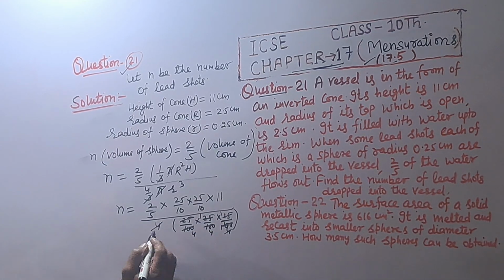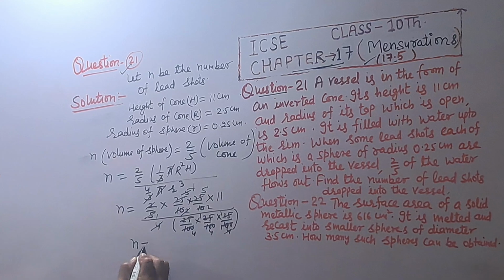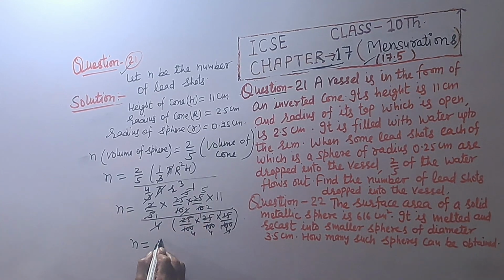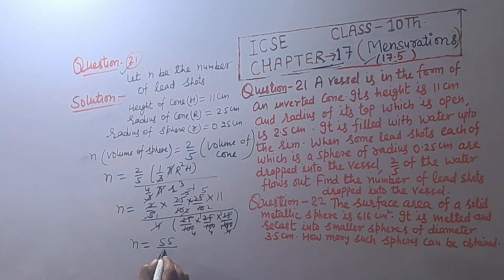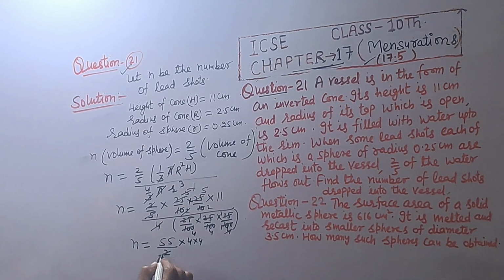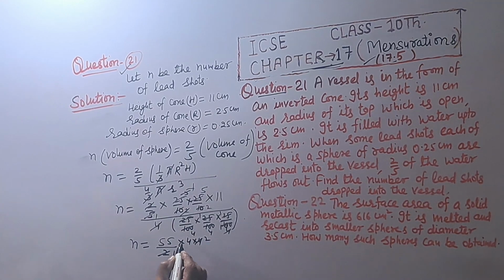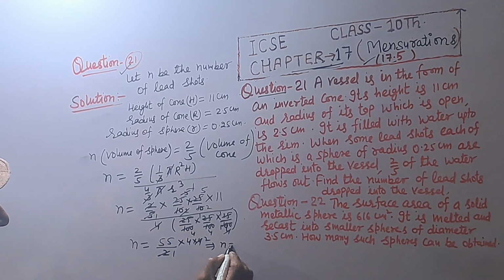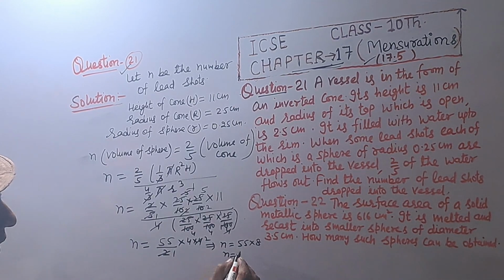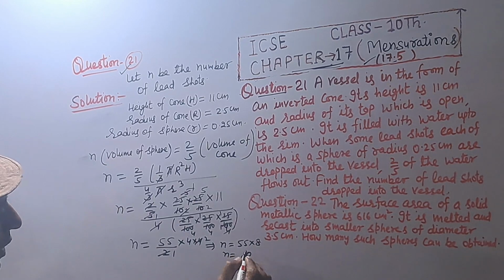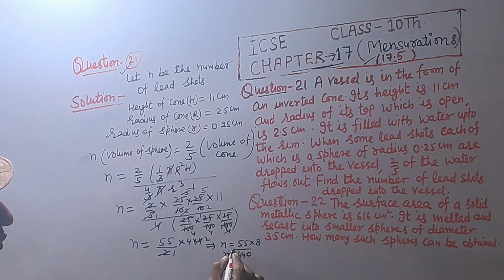So 4 is cancelled. n is equal to 55 upon 2 into 4 into 4. 2 1s are 2, 2 2s are 4, which implies n equals 55 into 8. 8 5s are 40, 40 plus 4, that is equal to 44.